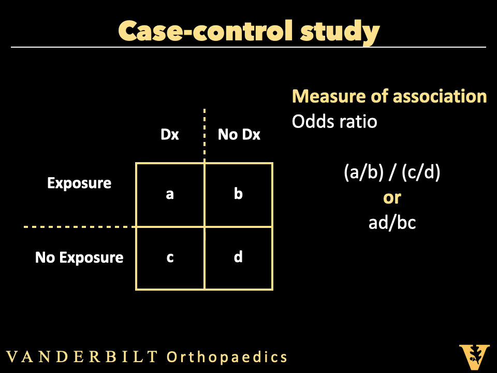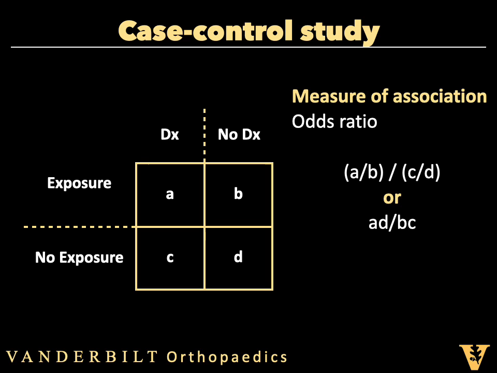And what we can create there is an odds ratio. The possibility that having a positive test is positively associated would have an odds ratio that's above 1, and its confidence intervals would remain above 1.